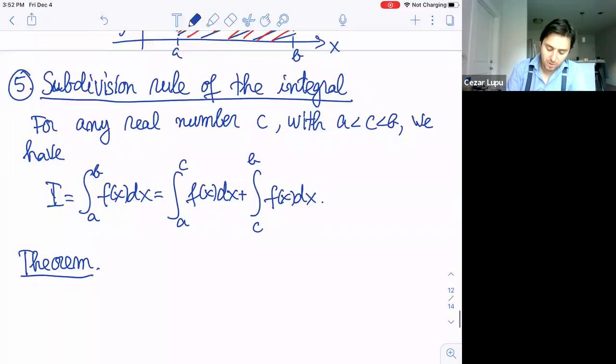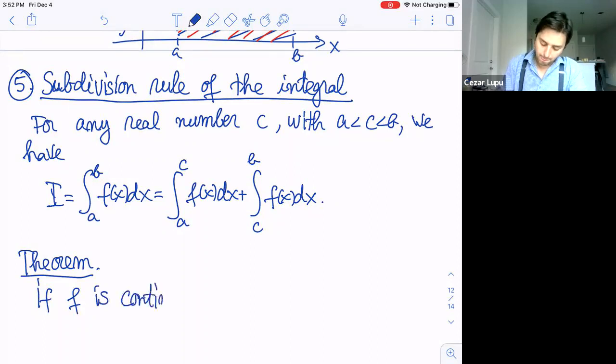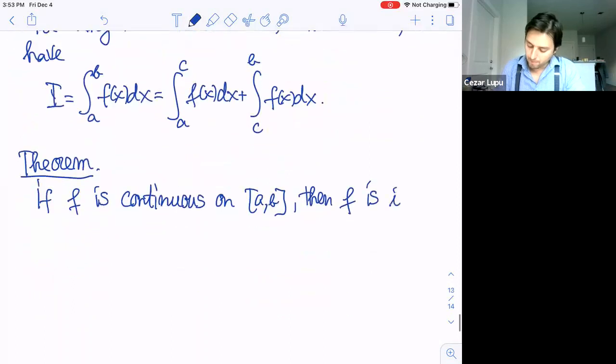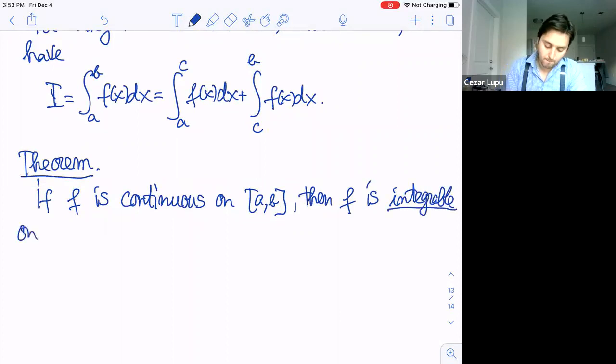So the theorem says the following: if f is continuous on the interval AB, then f is integrable on AB. So continuity implies integrability, but not the other way around.